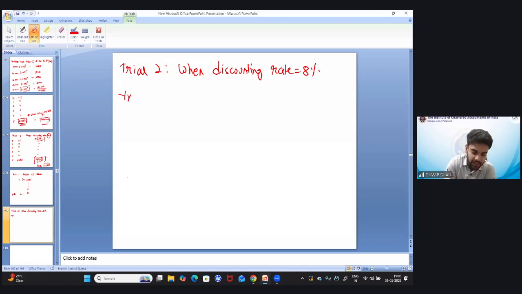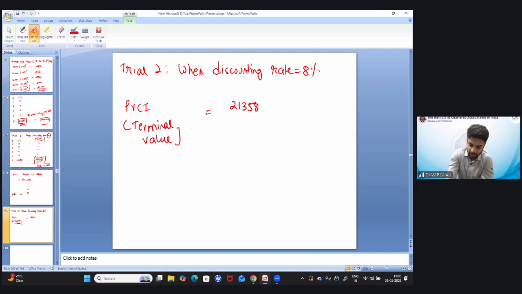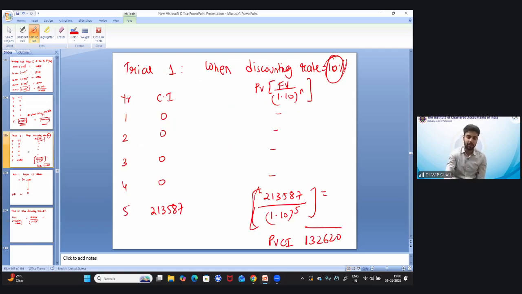Instead of writing cash inflows for all the years, can I directly find PVCI of terminal cash inflow? Or you can say this PVCI is called as terminal value. Can I say it is nothing but 213,587? ये हमें एक ही कैश इनफ्लो को डिस्काउंट करना है ना. Let's just take that instead of writing or preparing the whole table.